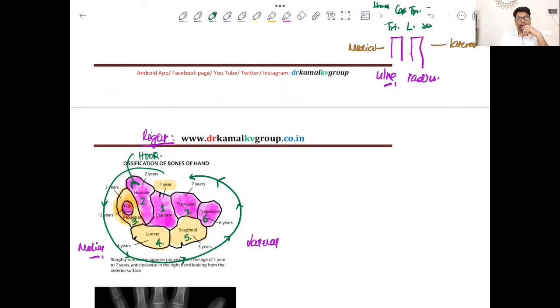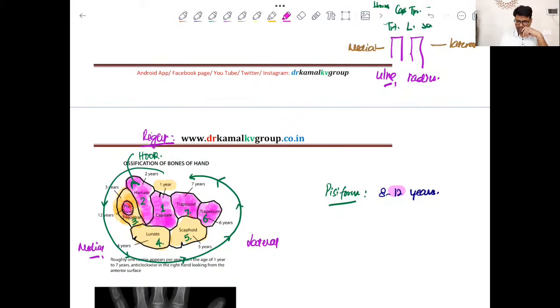So this is how you will remember 1 to 7, and for pisiform the range is actually 8 to 12 years, but in many descriptions you will find 12 years mostly, right? In simpler words, 1 2 3 4 5 6 7 12, you can remember like that.